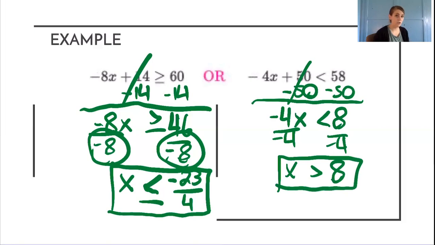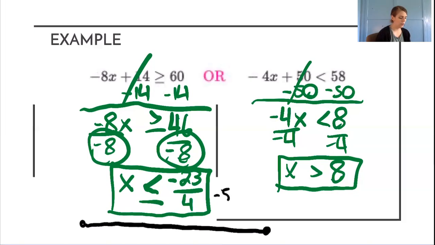However, I am going to evaluate my work on a number line. So I always throw my fractions into my calculator before I do a number line just to get an idea where they are. And negative 23 over 4 is the same as negative 5.75. So I have values going from negative 5.75 to above positive 8.